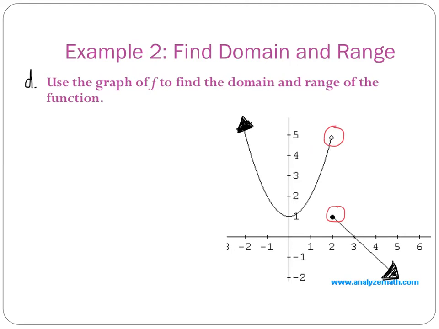So the ordered pair 2, 5 is not included. And here at the bottom, the point 2, 1 is included. So we could say 2 comma 1 here. This point is not included, and the point 2 comma 1 is included because of the closed hole down here.